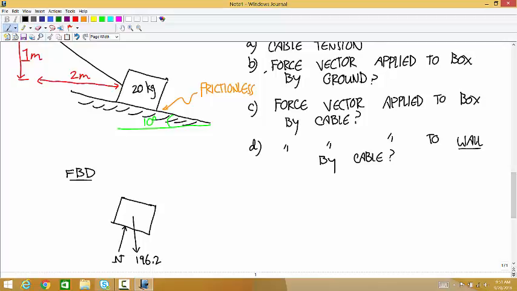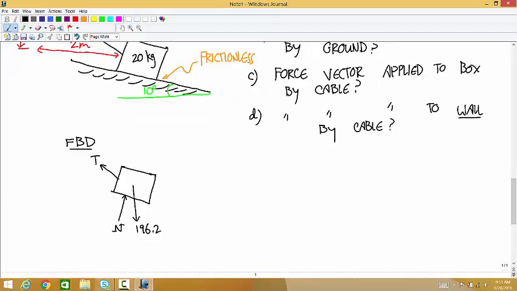And then we get to the cable. What's the type of force applied by the cable? That's a pull, so it's parallel to the cable, away from the chosen body. I'll call that T. The next step is to go to Newton's second law.